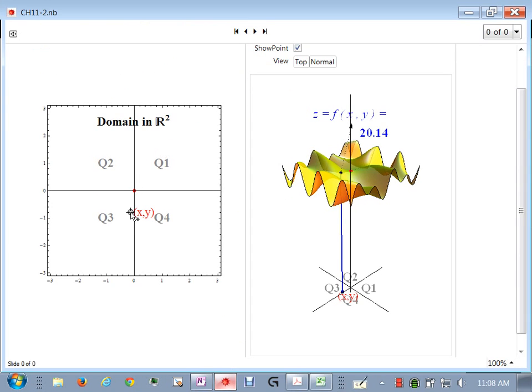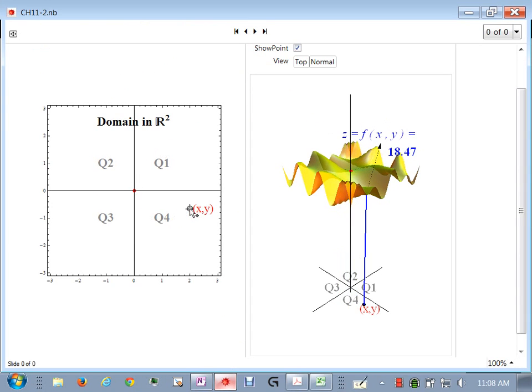So how many ways can we approach it here? Let's look at this surface. It's a weird looking surface here. And remember, the domain is on the ground, and then I've transposed the domain over here so we can just see it on its own. So let's say I'm trying to approach the point (0, 0). I'm trying to find the limit as we approach (0, 0) of this function.